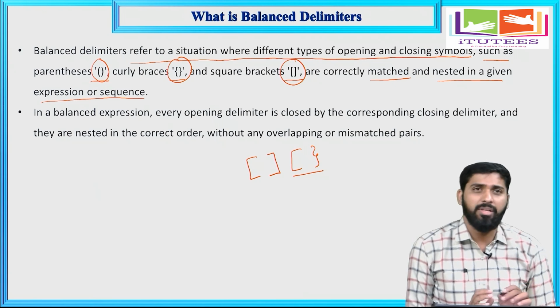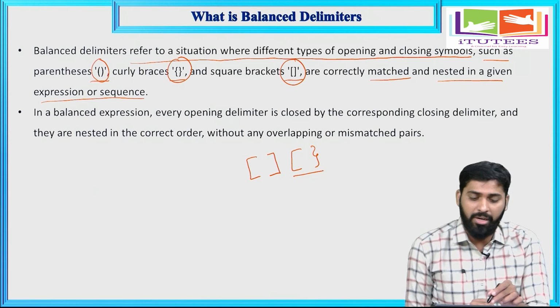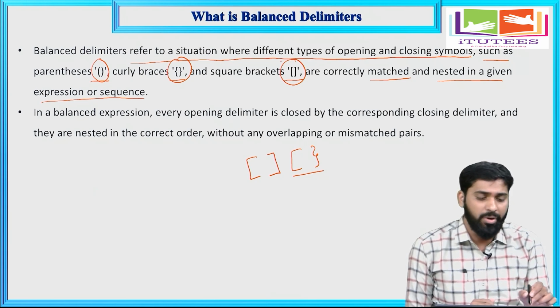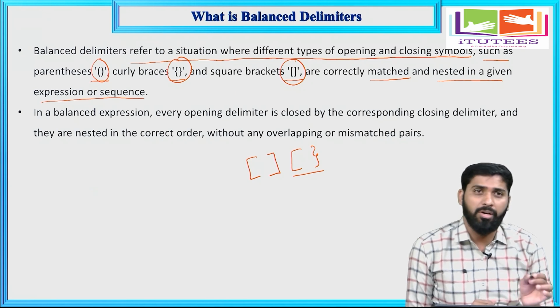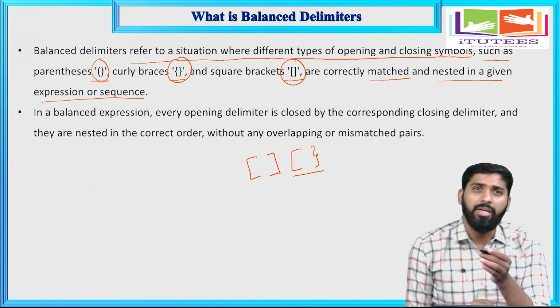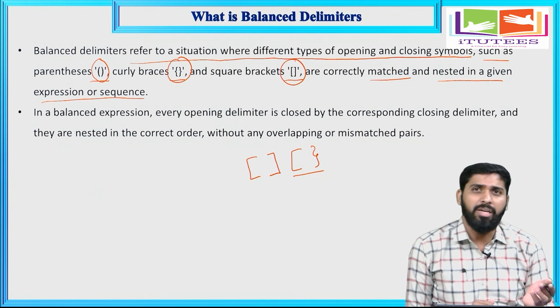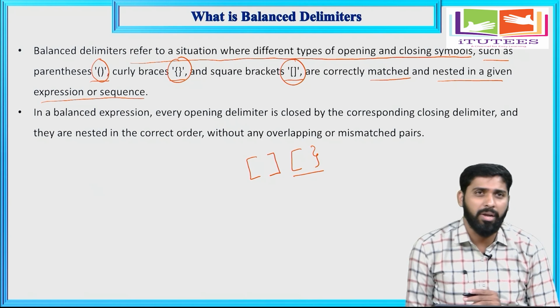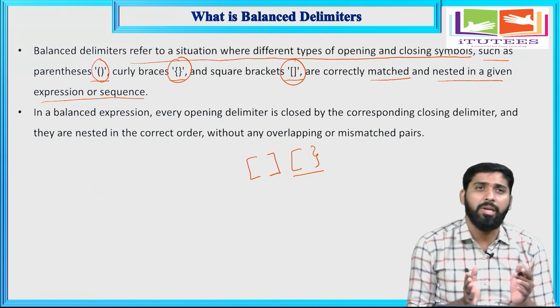Okay, so this is the definition of balanced delimiter. The opening and closing symbols are opening parenthesis, opening curly brace and opening square bracket, and the closing symbols are closing parenthesis, closing curly brace and closing square bracket. Balanced delimiter means they are correctly matched.